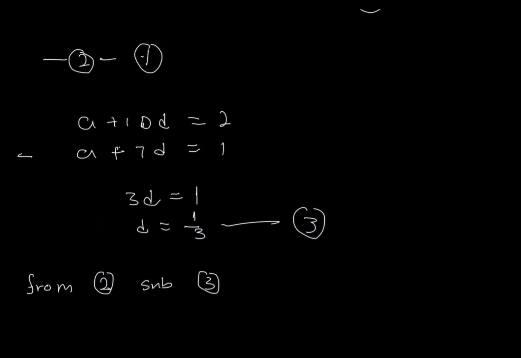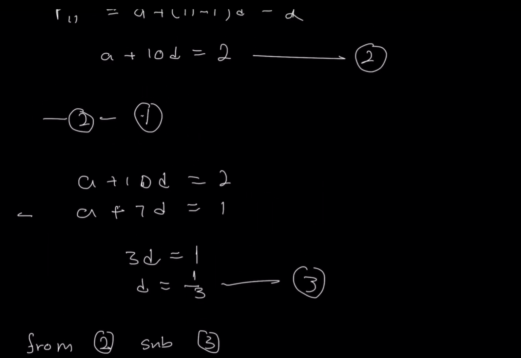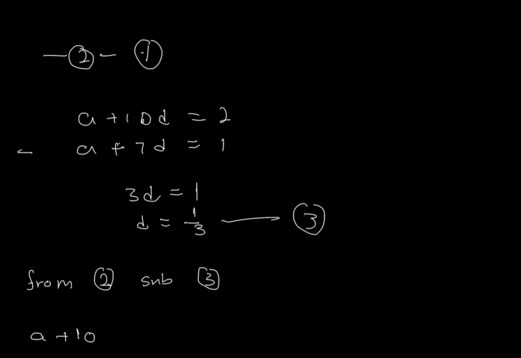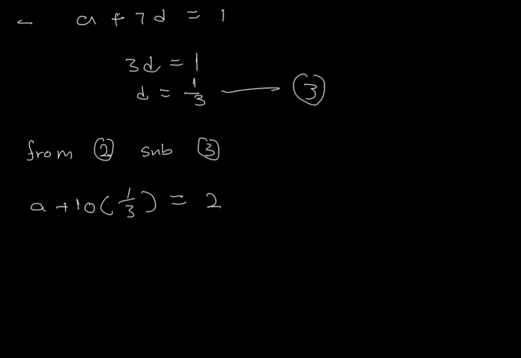So it's going to be a plus 10, where we see d we substitute 1 over 3, equals 2, and we're going to get our a as negative 4 over 3.